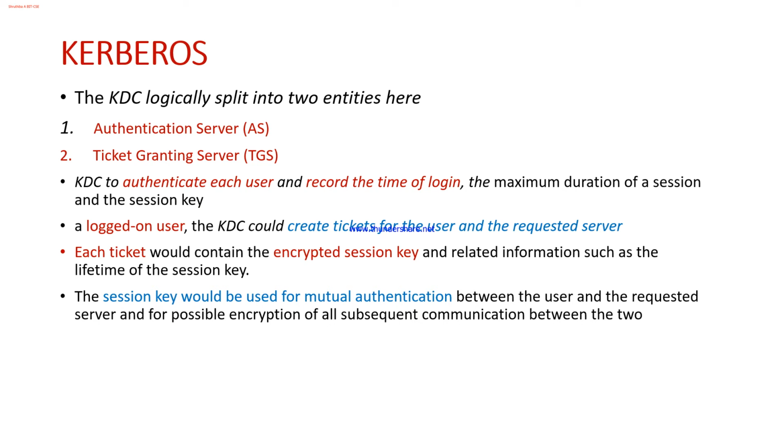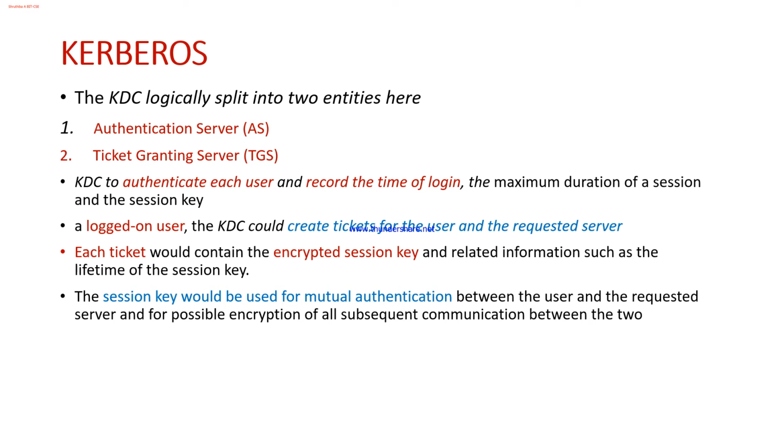The TGT in turn contains the session key and other information such as the lifetime of the session key. That session key is later used for subsequent communication between the client and the server. This is what exactly happens in the Kerberos protocol.